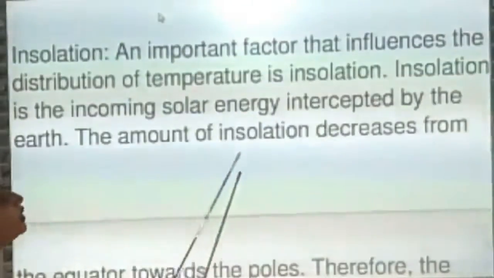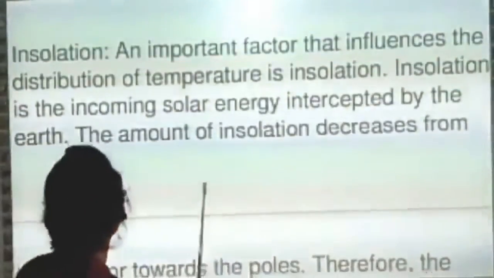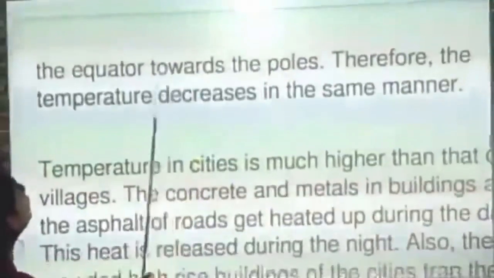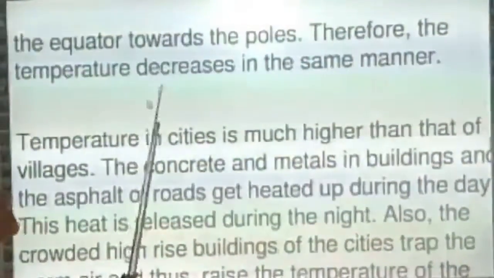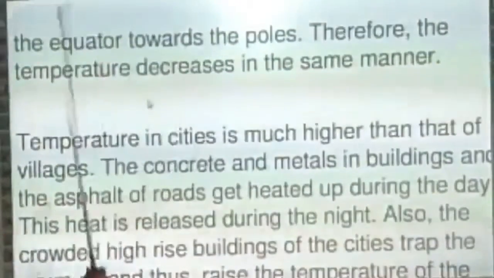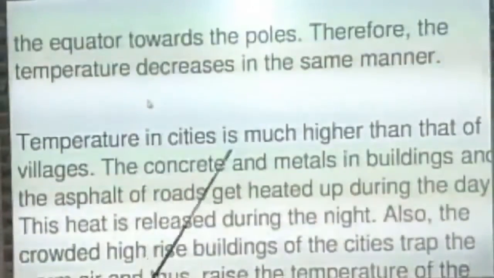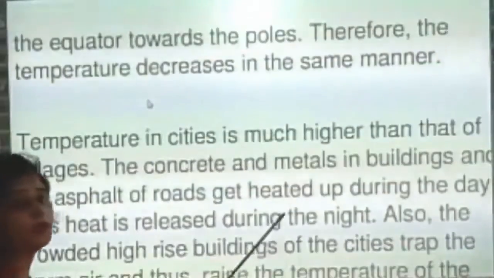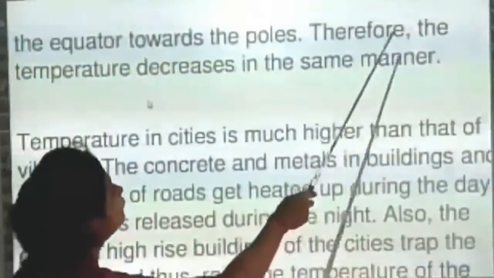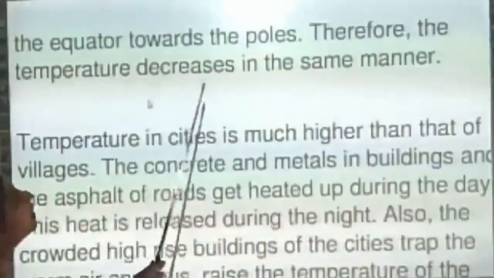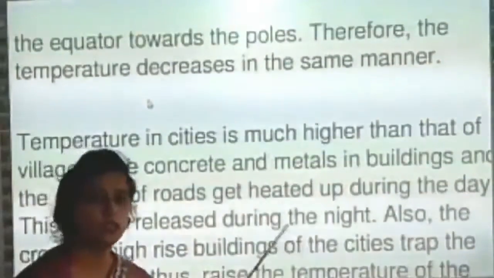The amount of insolation decreases from the equator towards the poles. If we are talking about the poles, as we come towards the poles, the insolation decreases. Therefore, the temperature decreases in the same manner.